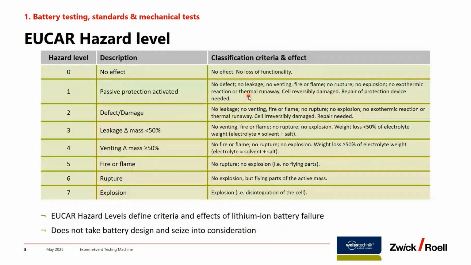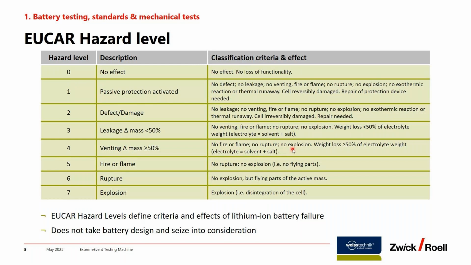Therefore, we have a classification. Most of you maybe know this OICA hazard level table, where you can see hazard levels from 0 to 7. With 0, you have no effect, so nothing happens. From 2 to 4, there's no fire, no flame happening.